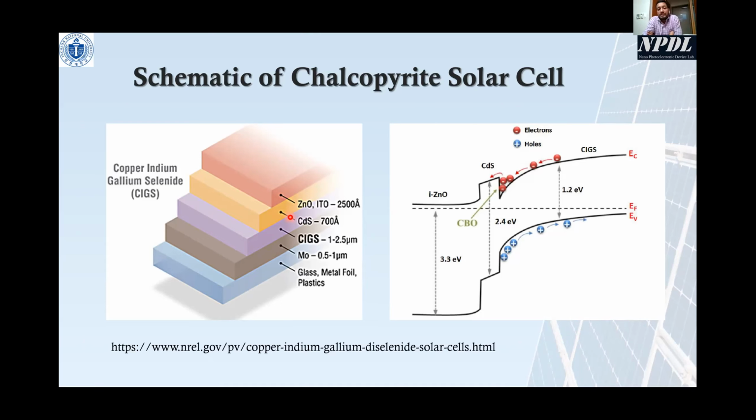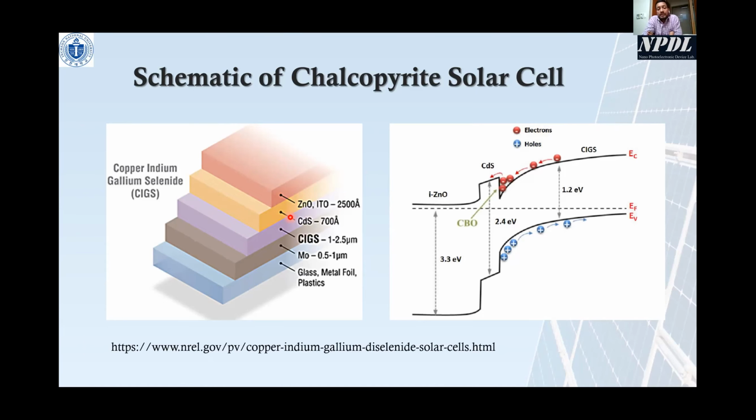So if we consider a cadmium-free buffer layer for CIGS, then there is no environmental concern if we remove the cadmium sulfide buffer layer. There are many buffer layers such as indium sulfide, zinc tin oxide, and zinc oxide.